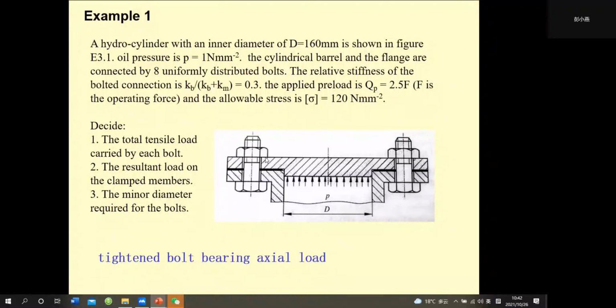Two, the tightened bolt carries an actual axial force. Three, the tightened bolt carries a transverse force. Which condition is this example? Carries preload only, or the tightened bolt carries actual force, or the tightened bolt carries transverse force?